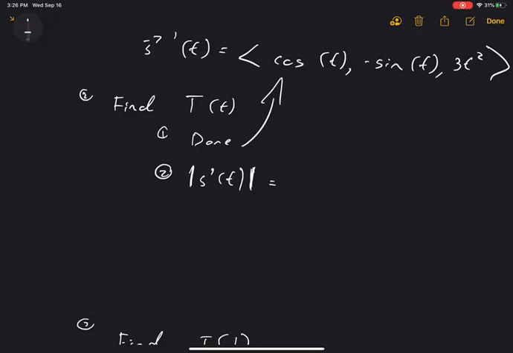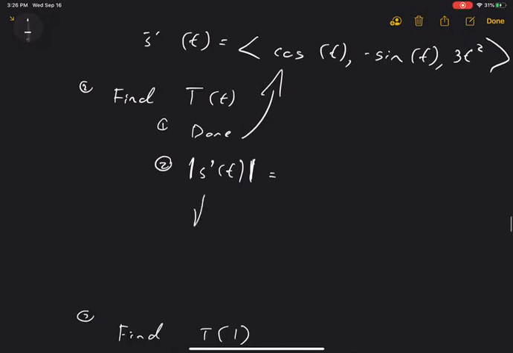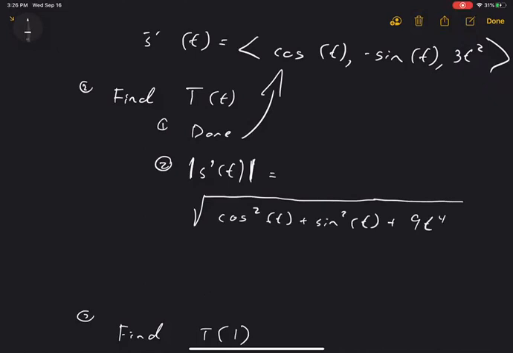So using that idea, the magnitude of s prime is going to be the square root of cosine squared of t plus sine squared of t plus 9t to the 4th, right?